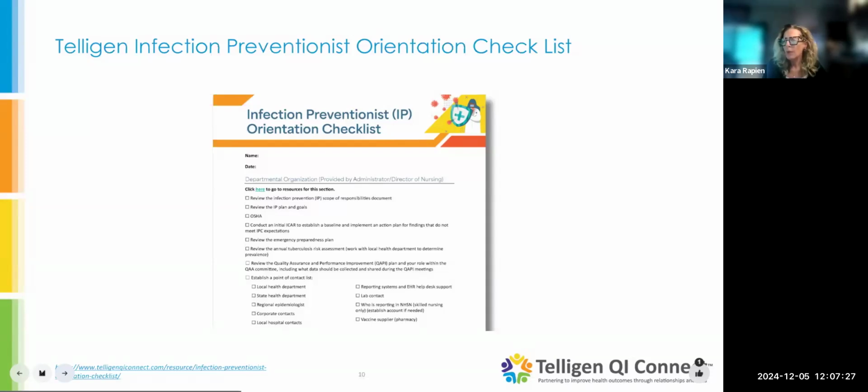This is going to help you know where you are as a facility and where any gaps are that need improvement. And you can check out our checklist on our site, and I have that link in the bottom of the slide that's provided for you here today. Next slide, please.